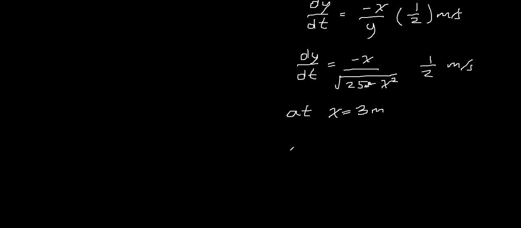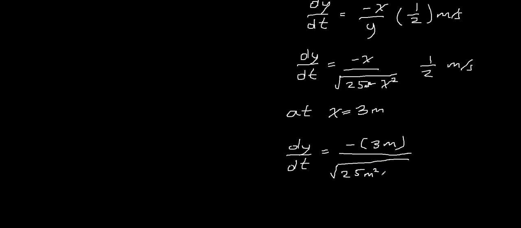So this is going to be dy over dt equals negative 3 meters over root, and the 5 meters was squared, so it was 25 meters squared minus x squared. 3 squared is 9 meters squared, times a half meters per second.